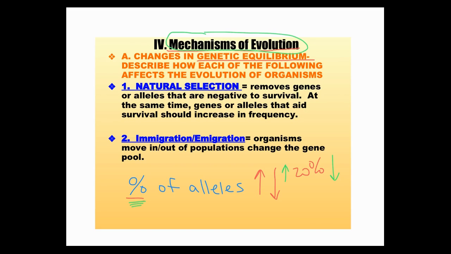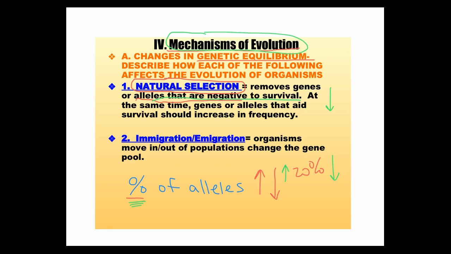And the first and most important thing that can cause the frequency or percentage of alleles to go up or down: natural selection. Natural selection is basically survival of the fittest. Alleles which give you traits that are negative to survival, so they're actually bad, they do not give you a better chance to survive, those alleles should go down in frequency.